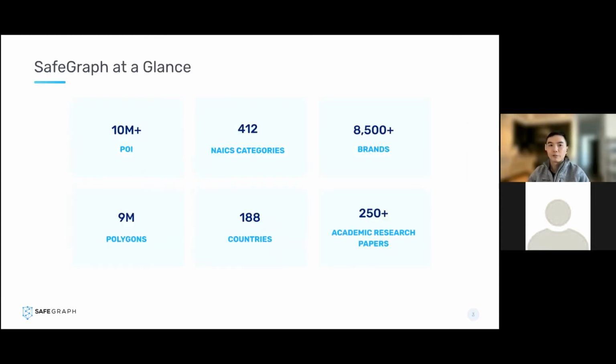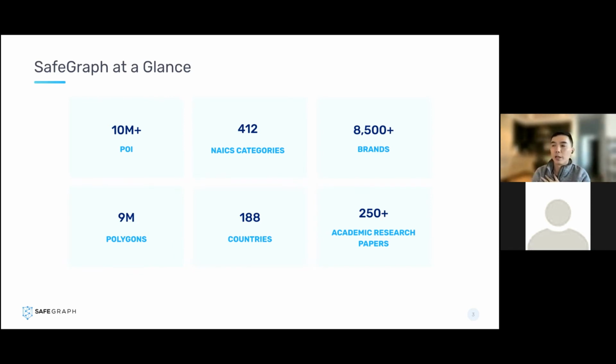Okay, so SafeGraph at a glance. As you may or may not know, SafeGraph is a company that's focused primarily on providing information vis-a-vis data on physical locations in the world. So we are a pure data company. What we provide can be thought of as tables of rows and columns.